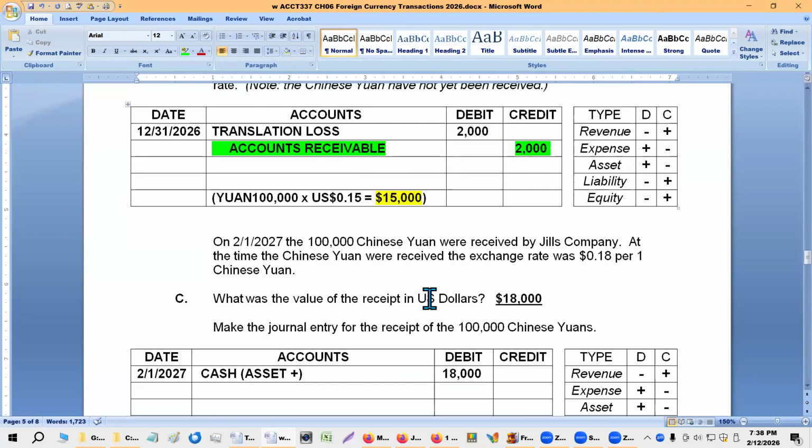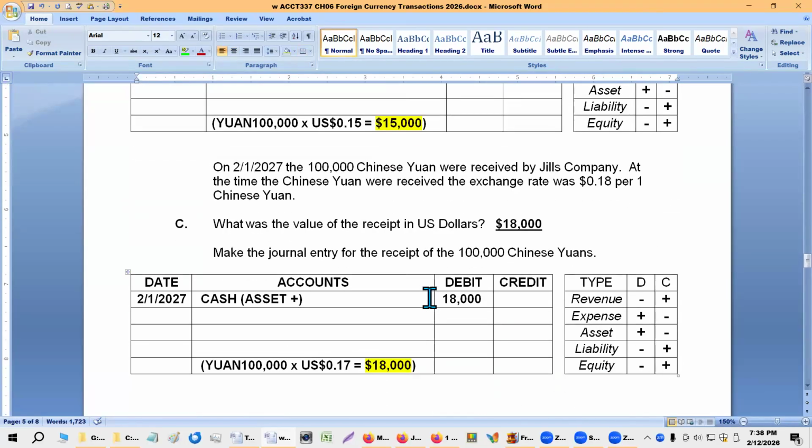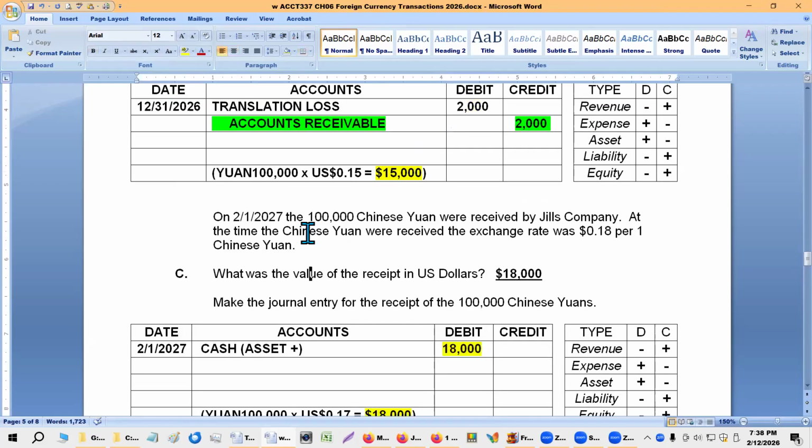Okay, we come down here, and the value has jumped up to 18,000. So what's the journal entry going to be? Translation gain for 3,000. Yep, and accounts receivable 15,000.